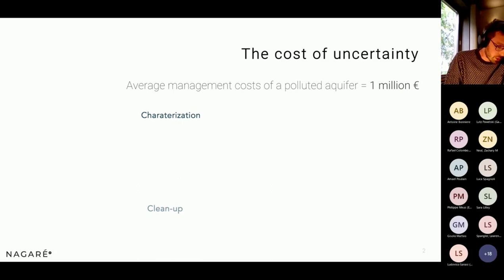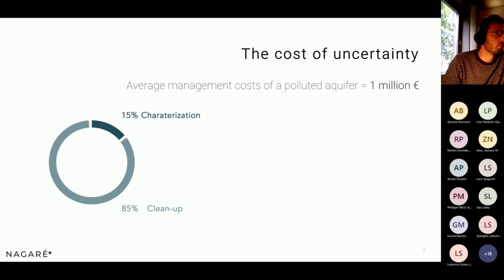Of the average budget for environmental management of polluted sites, 15% is spent on the characterization of the pollution, and the remaining 85% of the costs are actually the cleanup cost or the remediation costs.